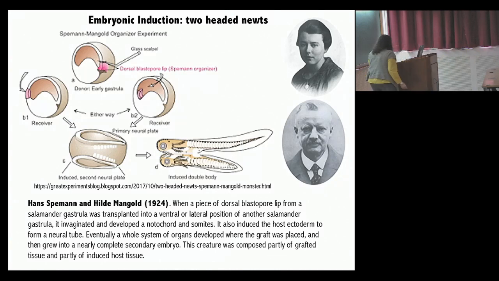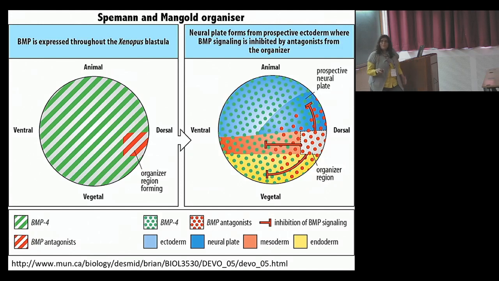So that's the spirit of induction, and subsequently people worked out the molecular details of how this region of the frog embryo might function as an inducer. And all I'd like to say here is that at least one way in which it can do it is to act to inhibit a particular signal that's otherwise uniformly present within the frog embryo.